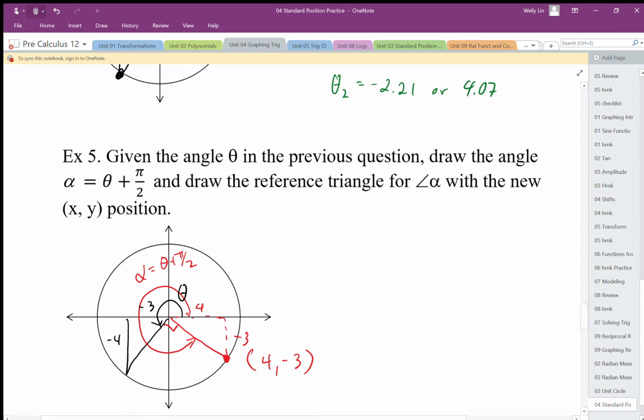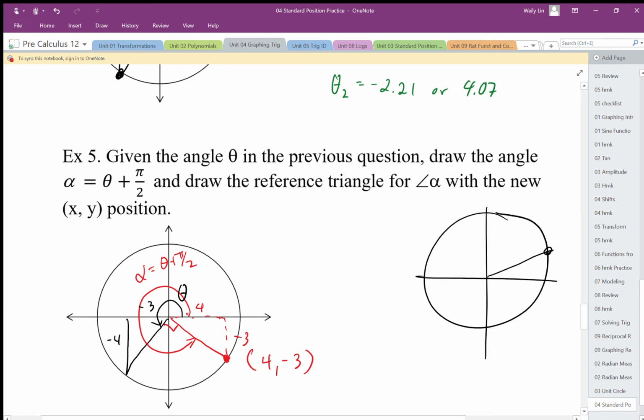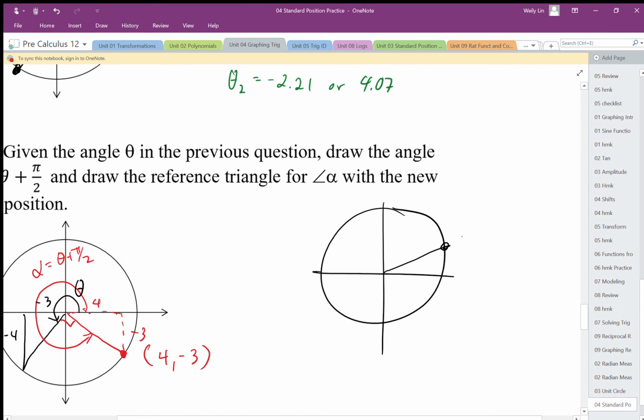Now, in general, if we want to know 90-degree rotations, if I start with x, y here, a 90-degree rotation over here is just going to switch y and x, except the y is going to become its opposite. So it's going to go in the negative direction. It's going to go left first. If I go 180 degrees from here, it's going to be x and y, but they're both going to be negative.